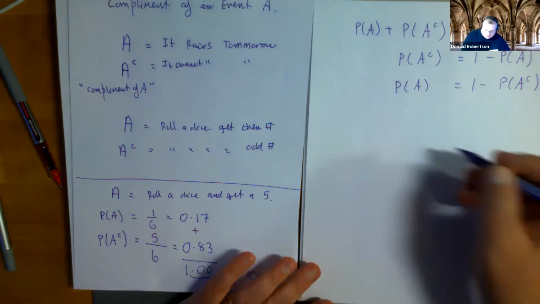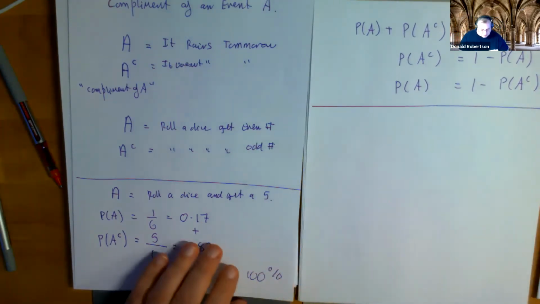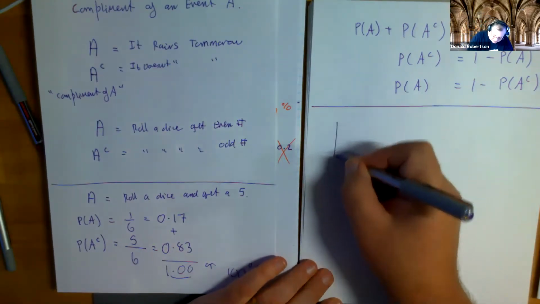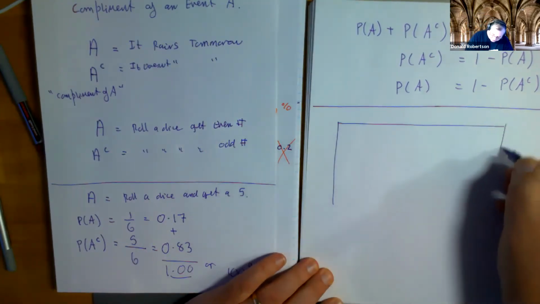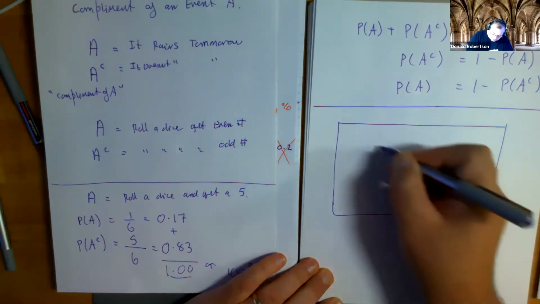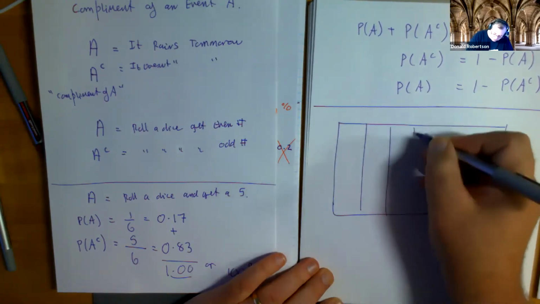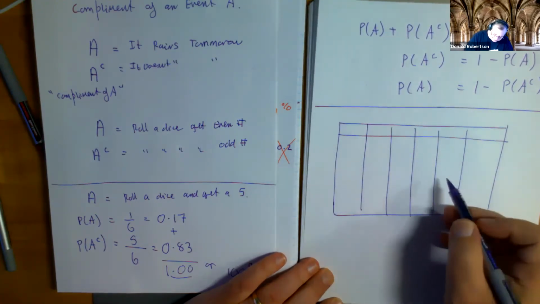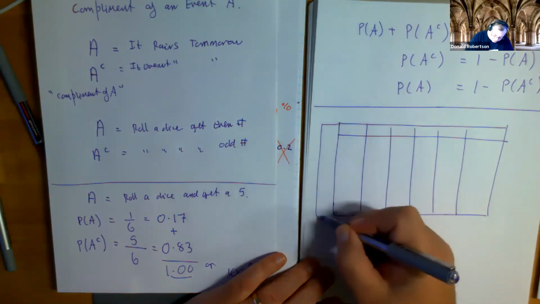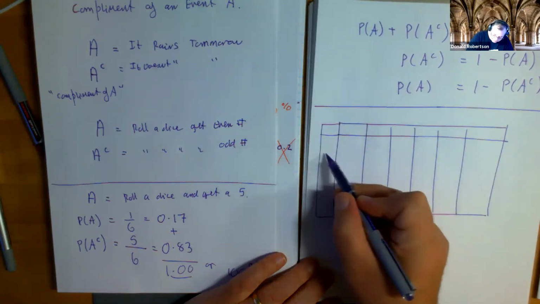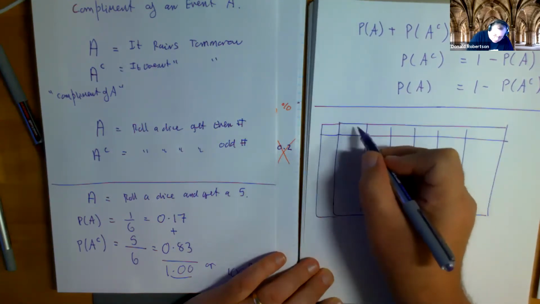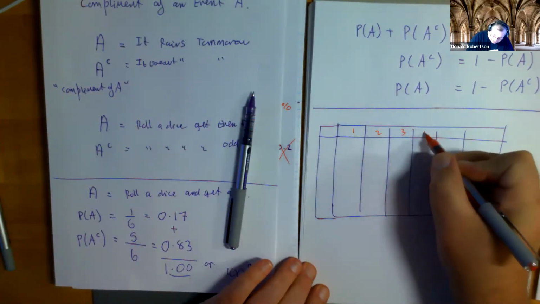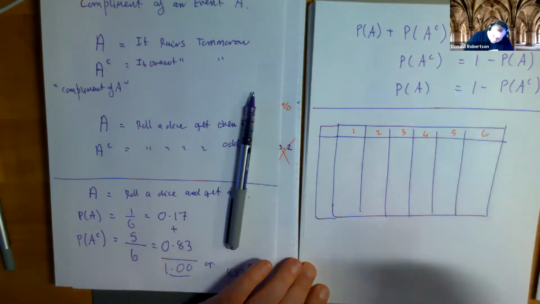Okay. Now, I'm going to describe a more complicated event. And I want you to imagine, although I'm not going to draw the whole thing because it takes forever, that this is going to be a table. 1, 2, 3, 4, 5, 6. Put 1 here. At the top, I'll do a 1, 2, 3, 4, 5, 6.